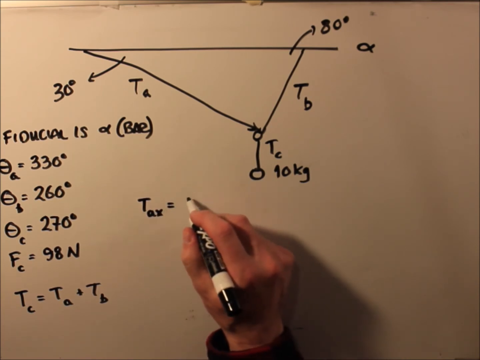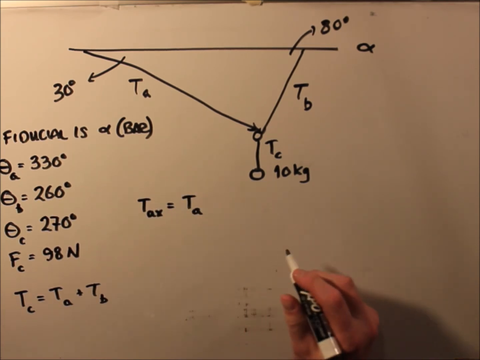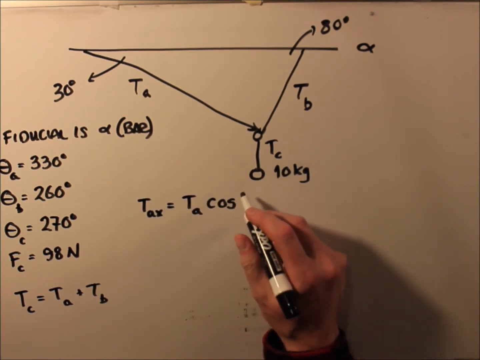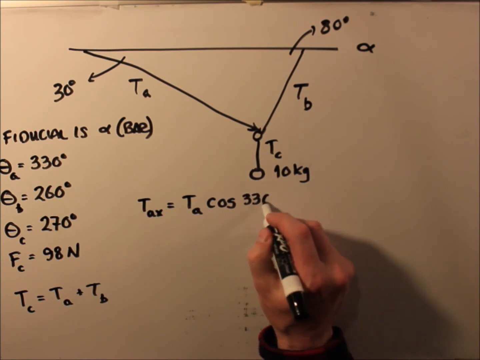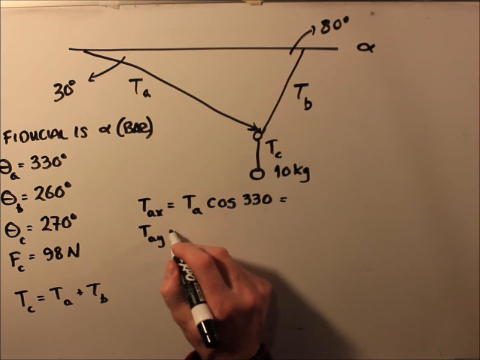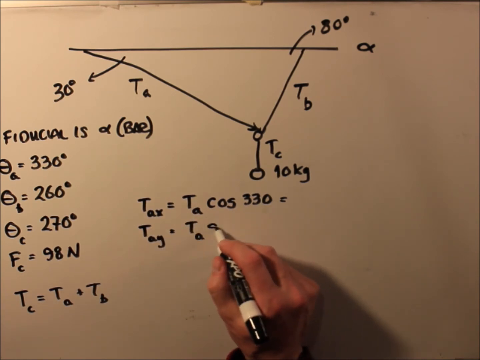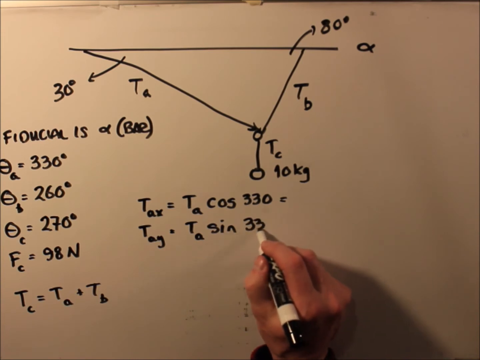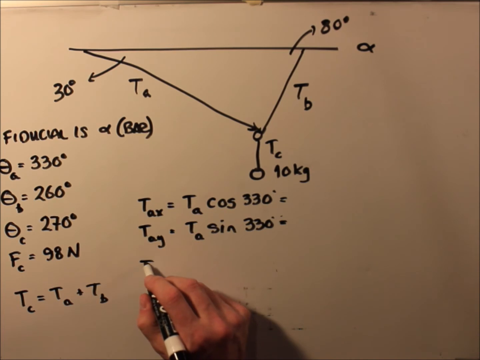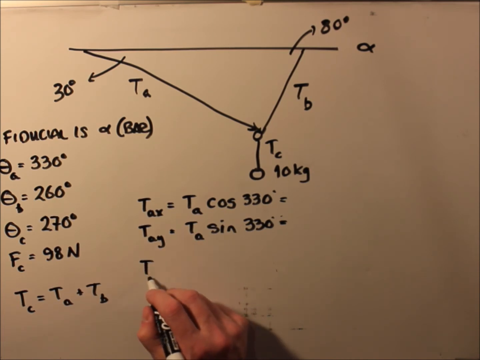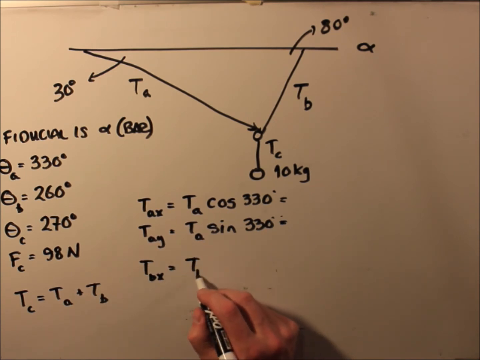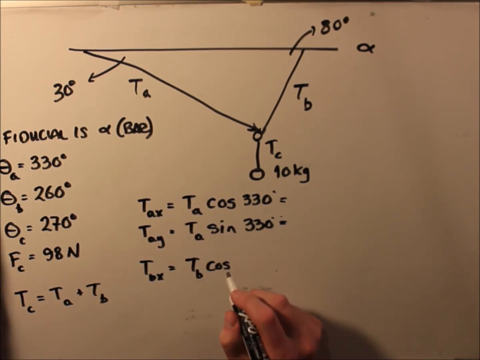TAX is equal to TA. We don't know the tension in the A direction, so we can't say anything. We can write cosine of 330, and we'll figure those out in a minute. TAY is yet again TA sine 330 degrees, and we'll figure that out. TBX is equal to TB, also unknown, cosine 260.